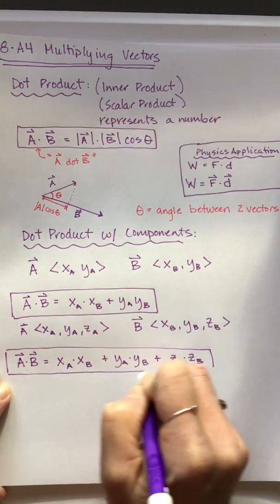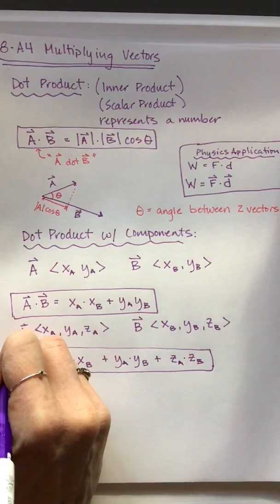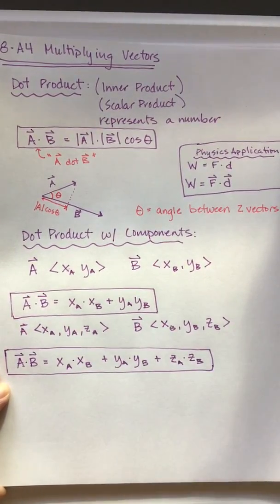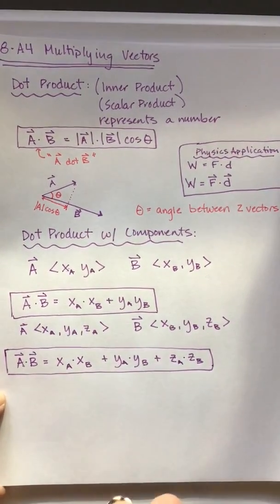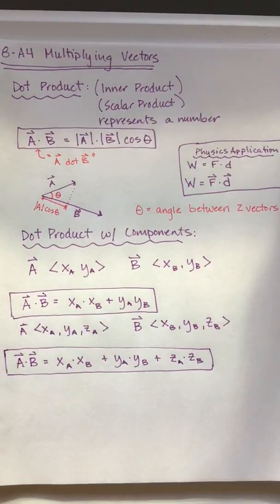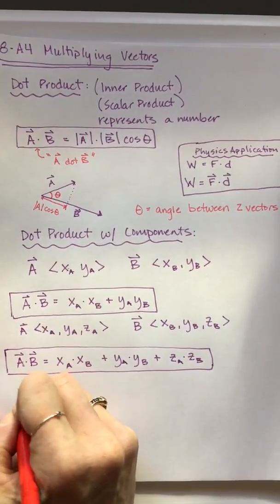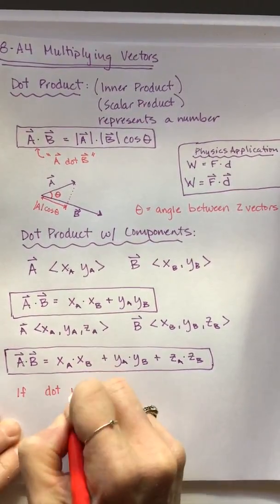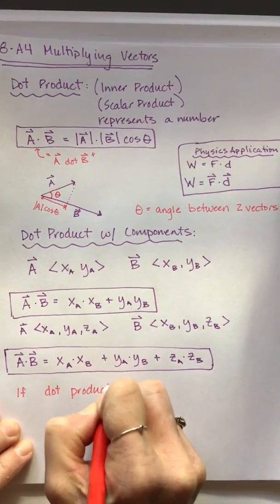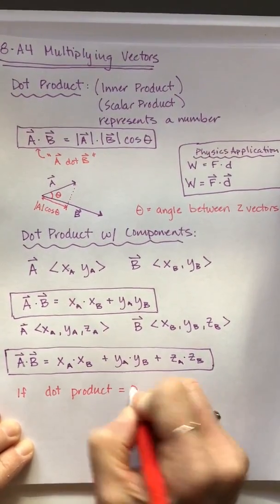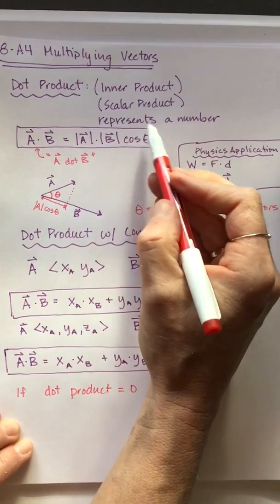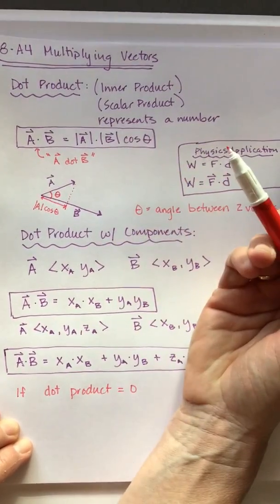Okay, fairly straightforward, right? So if your dot product is 0, what the heck does that mean? Go back to this one. When is cosine 0?